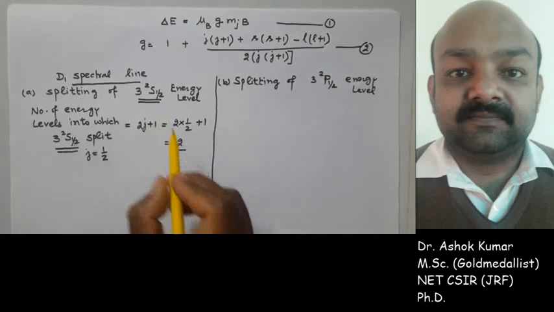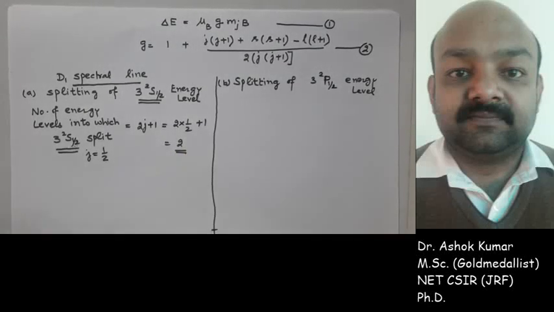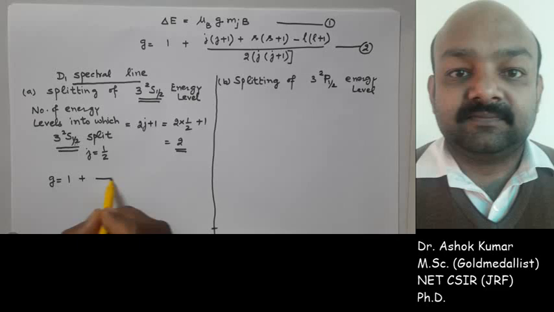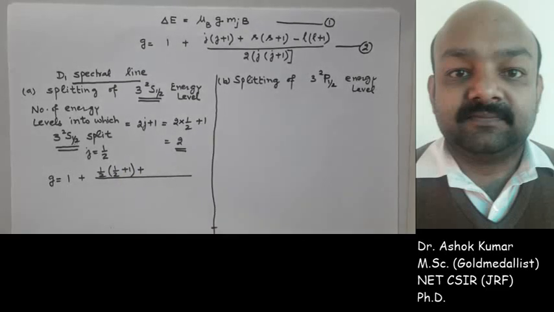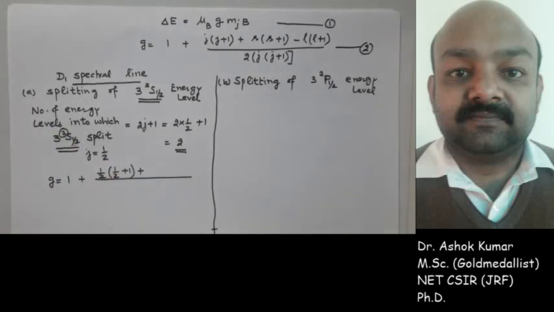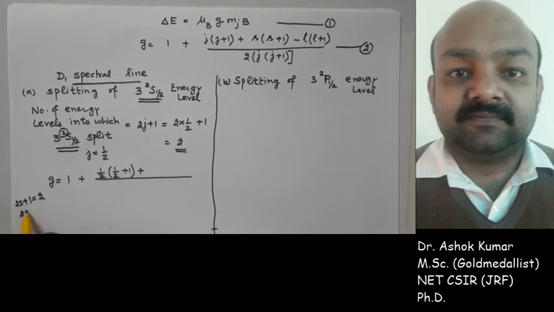So this energy level will split up into two energy levels, and the Lande g factor for this splitting will be 1 plus J(J+1) minus L(L+1) plus S(S+1). S is calculated from this value: 2S plus 1 is equal to 2, 2S is equal to 2 minus 1 is equal to 1. So S is equal to 1/2.